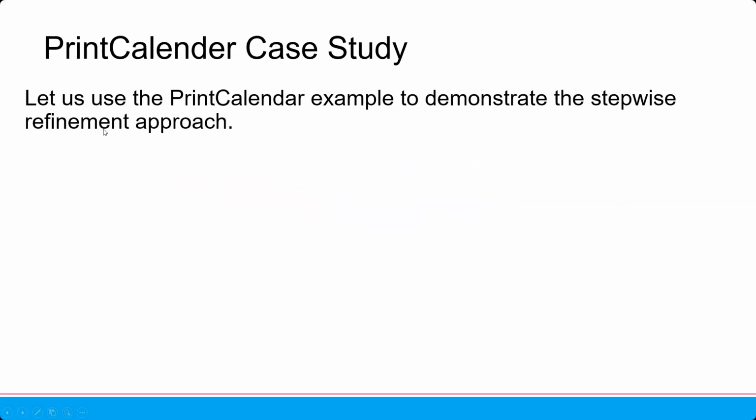So there's one case study that I want to explain here. It is to print the calendar. You know calendar? We want to find a particular day or a particular month or particular year, and let's try to figure out how we can make it with stepwise refinement.